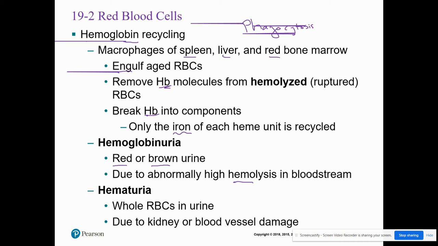Hematuria is where the whole red blood cells are actually found in the urine. And this can be from damage to the kidney or blood vessels. If you've ever been punched in the kidney, it can lead to this. Your kidney will heal, but you may end up with some funny looking urine for a while.